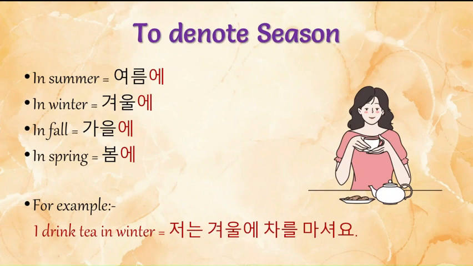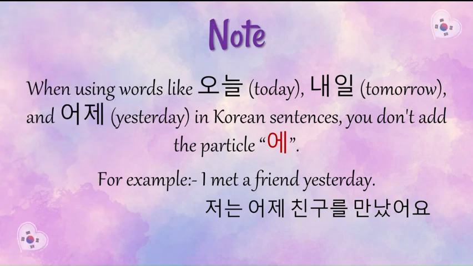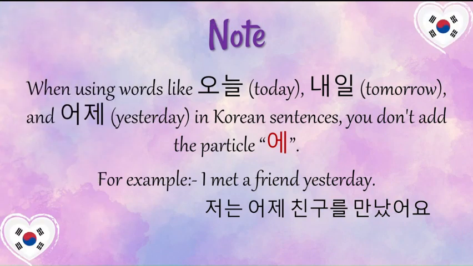Fine? Okay, now here is a very important note. When using words like 오늘, which means today, 내일, tomorrow, and 어제, yesterday. So whenever you are using words like today, tomorrow and yesterday, in Korean sentences, you don't add the particle 에. Okay, remember this, it is very important.